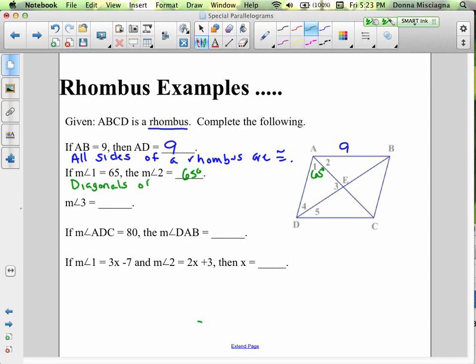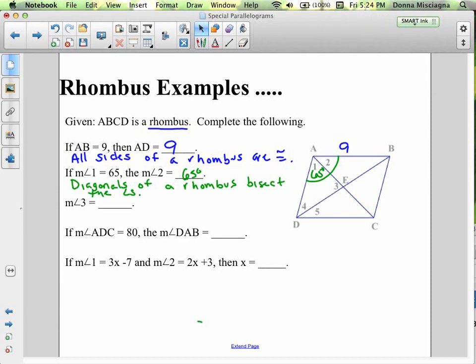Diagonals of a rhombus bisect the angles. Right? So the diagonal AC there has divided this larger angle right here into two congruent angles.